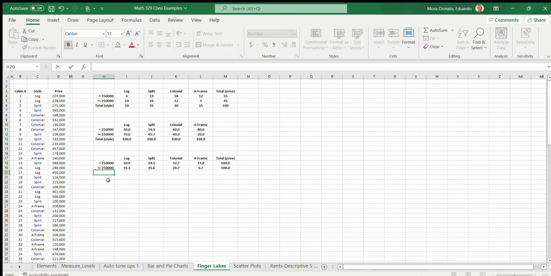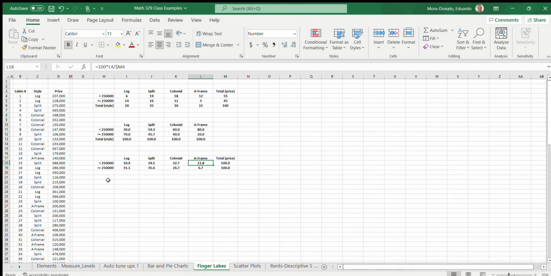Now I have my description of the relationship between these two variables by price. For instance, out of the total number of cabins whose price is below 250K, 10%, or 11%, are log, 35% are split, 32% are colonial, and 21% are frame.